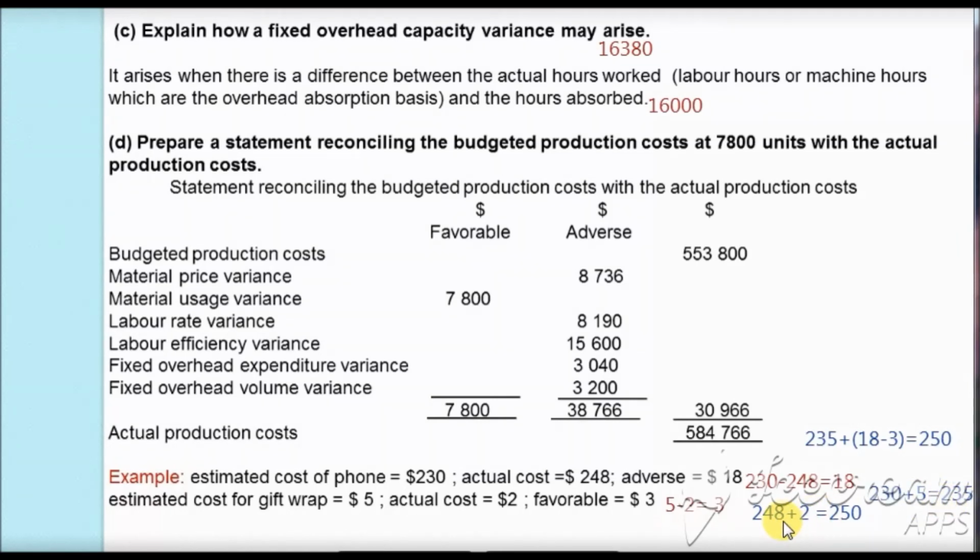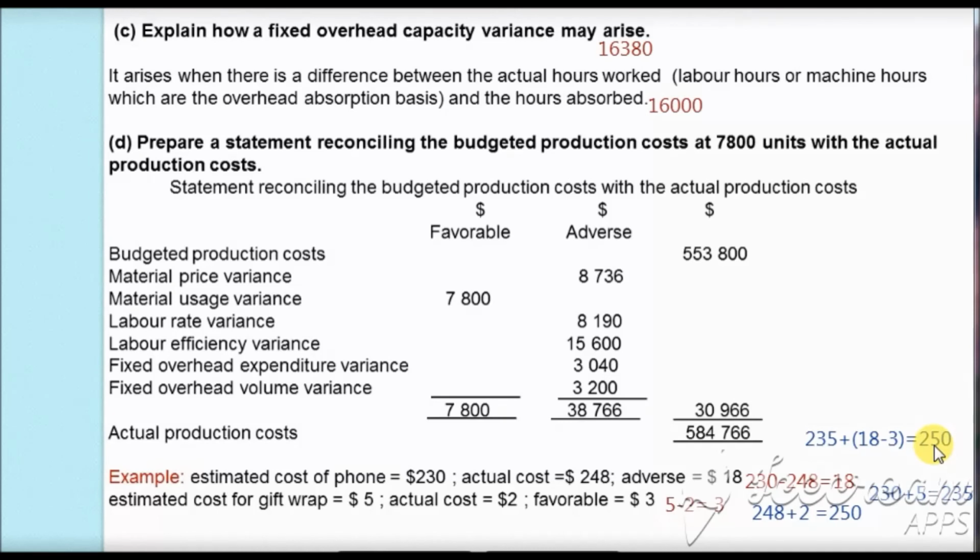Whereas the actual phone cost which you have paid was $248 plus 2, which is $250. So now from this $235 you have to come to $250. So how you will get that? You will take this $235, you will add the adverse and you will subtract the favorable. So you will get the value as $250.